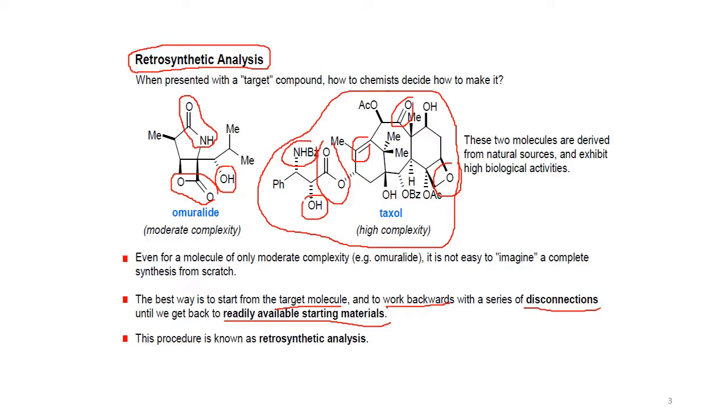Sometimes when we disconnect a product, we get a starting material, but that starting material is not available because it is still a big molecule. So we need to chunk it down into a smaller molecule so that it is an available starting material. And this whole procedure is what we know as retrosynthetic analysis.